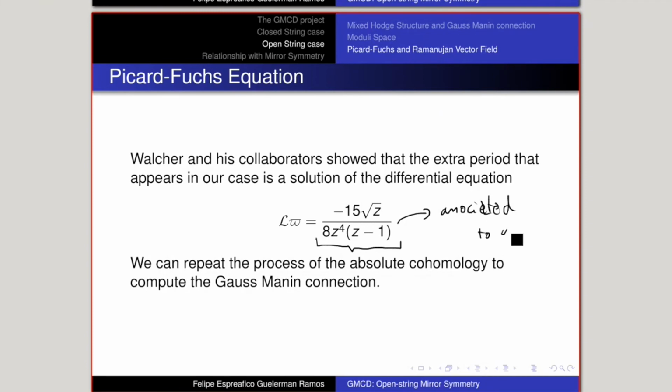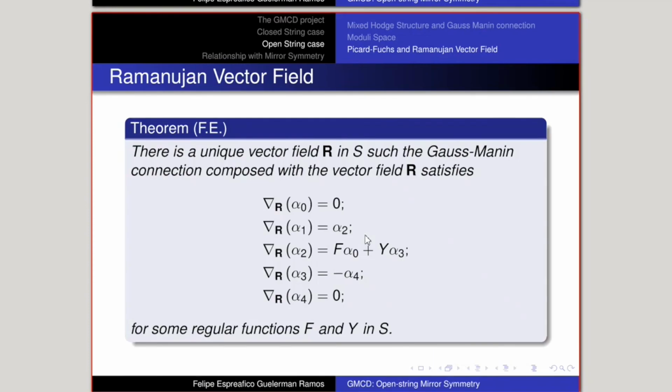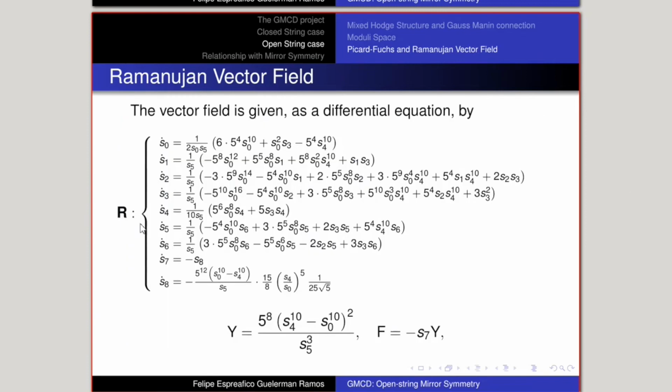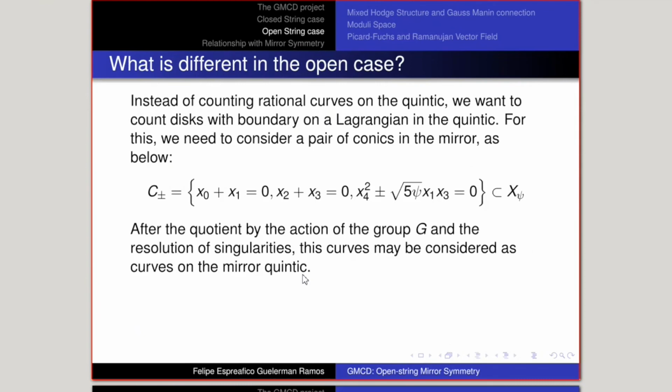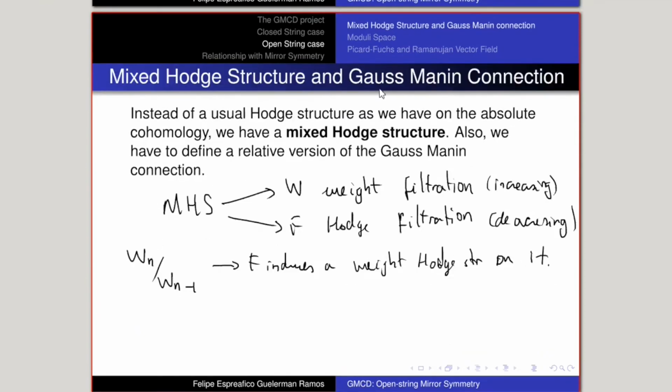So when we compute the Gauss-Manin connection, this coefficient will appear in the matrix, and in the end we again find a unique vector field satisfying these specific properties, and the vector field is given by this. The square root of 5 here appears simply because there is a square root of 5 here, right?